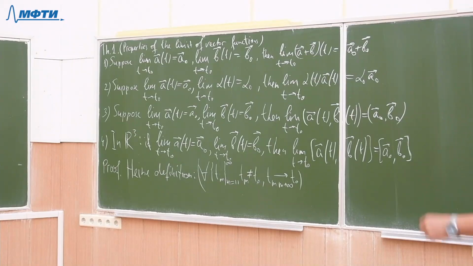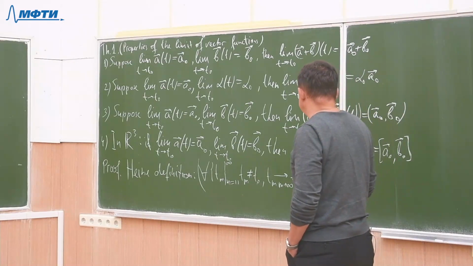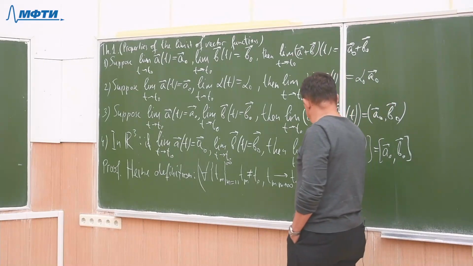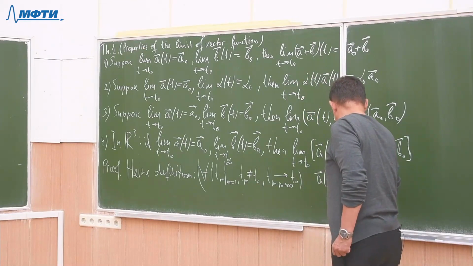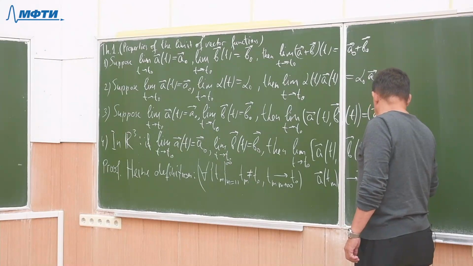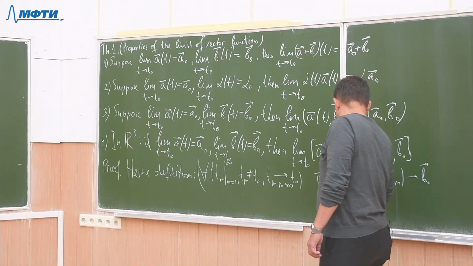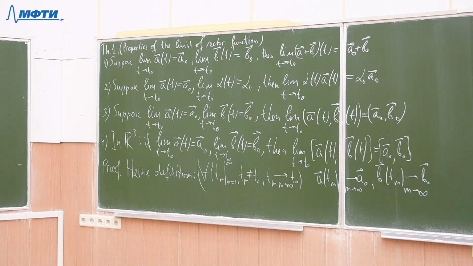And then how do we proceed? We take, for example, the first assertion. So we know that A of Tm tends to A naught, and B of Tm tends to B naught, as m tends to infinity by Heine definitions for each of those vector functions.